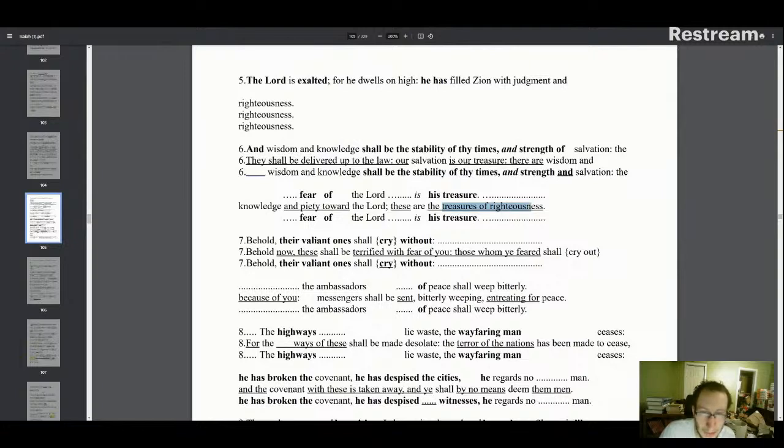But what does law correspond to? So we see here salvation corresponds right here. Strength appears to correspond to treasure. So the stability of thy times appears to be the corresponding reference to delivered up to the law. So it's a very different translation there.